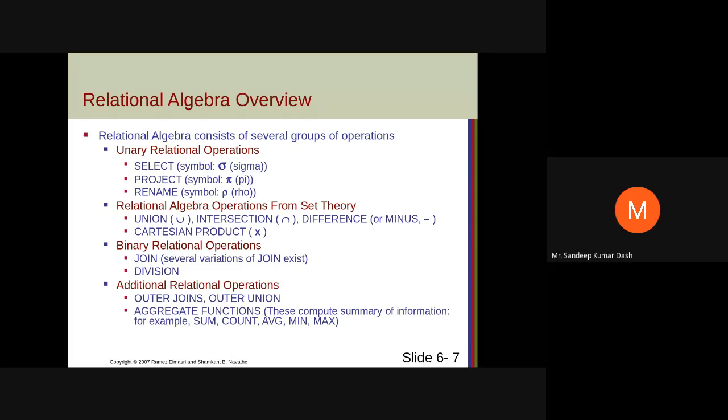When you say select, it means when you are writing select star from employee, it is retrieving all the rows present in the relation. Suppose I am writing select ename, salary from employee where salary is greater than 30,000. That means it will select only those rows having salary greater than 30,000, and out of those rows it will show you two columns, name and salary.